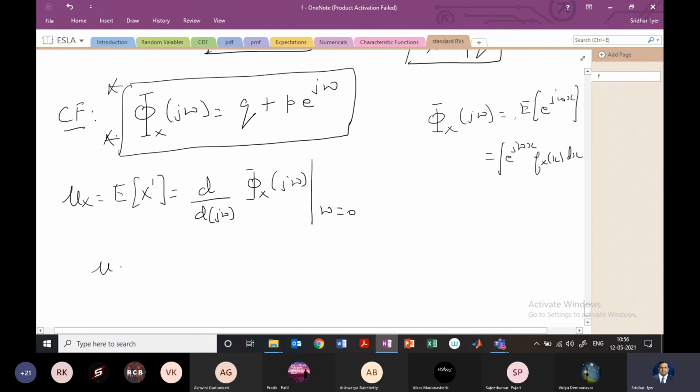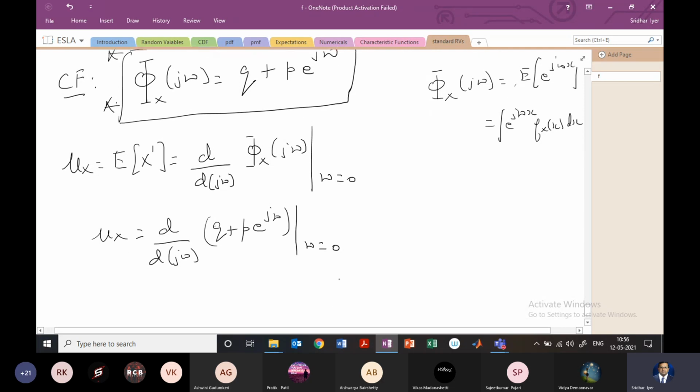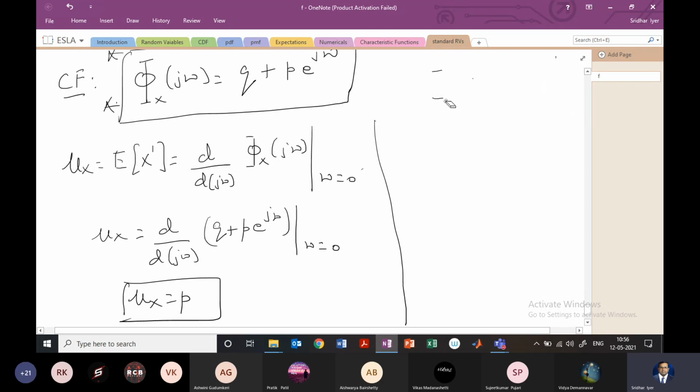So the mean value mu x would just be d by d of j omega of q plus p e raised to j omega, and once you find the derivative, substitute omega equal to 0, right? When you do that, you should get the answer mu x equal to p. So I'm skipping one step here, and expecting that you would be finding that derivative, and find out that the mean value will be the same as the one that we found beforehand. Okay, please go back and do this.